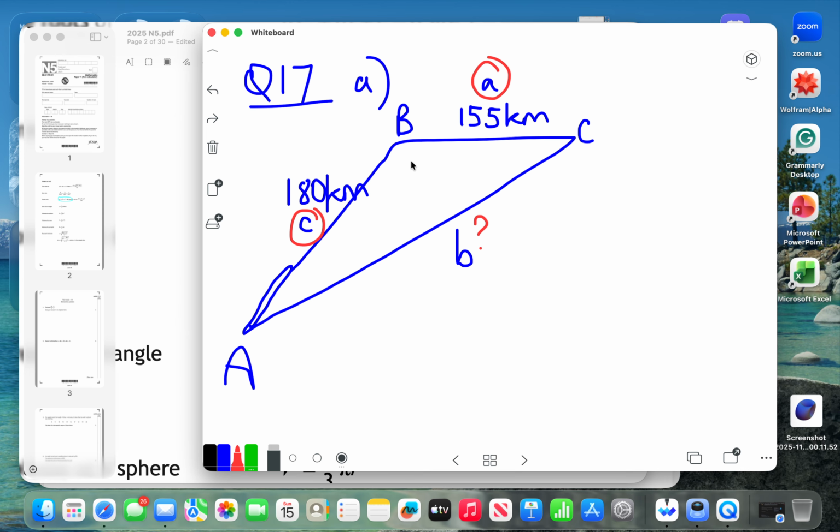That's the catch. The angle that we know has to be opposite the side that we want to find out. So we want to find small b, and we will have to find the angle capital B.